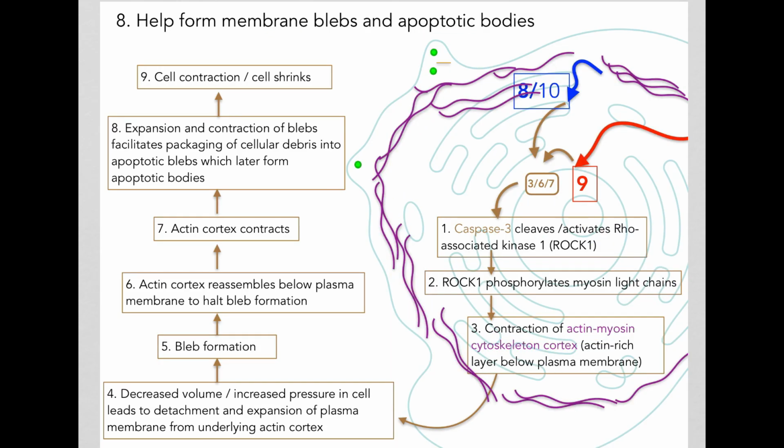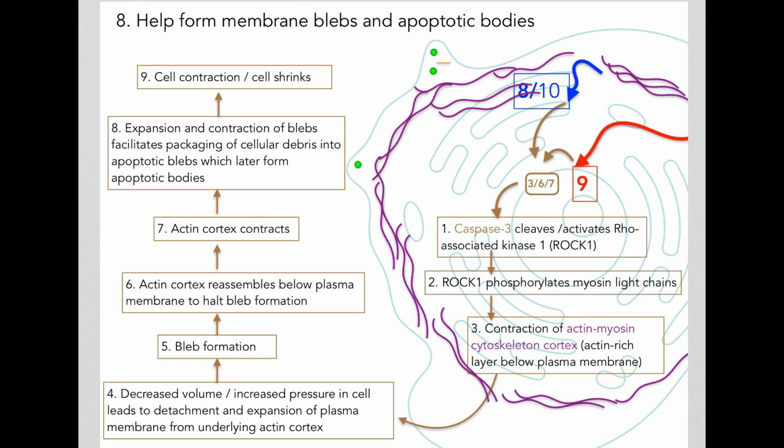This contraction will decrease the volume of the cell, and as the volume goes down, the pressure in the cell increases. And this causes the detachment and the expansion of plasma membrane from the underlying actin cortex. And that leads to, this detachment leads to the formation of the bleb.